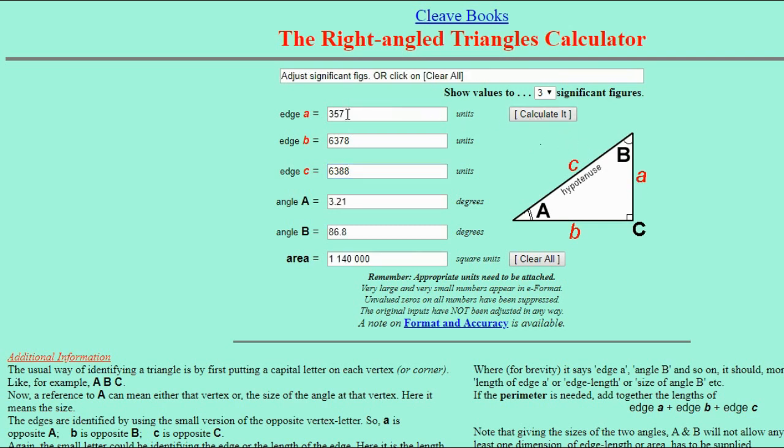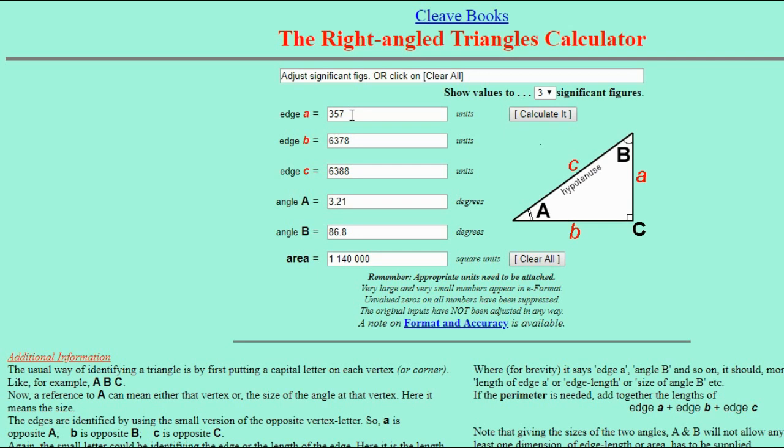What we get from edge A is 357 kilometers away. So if the cloud is 10 kilometers high in the sky, the furthest I can see it from that vantage point where the sun's rays will hit the cloud is 357 kilometers away.